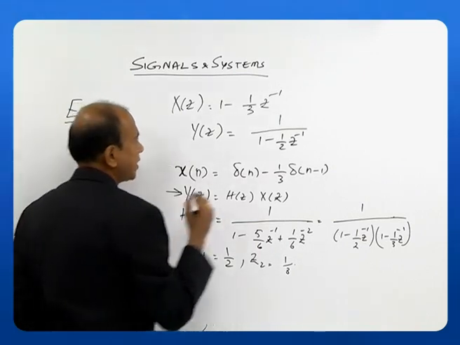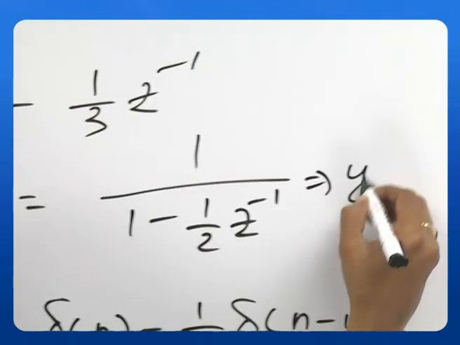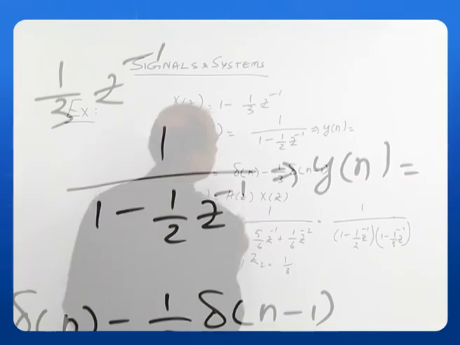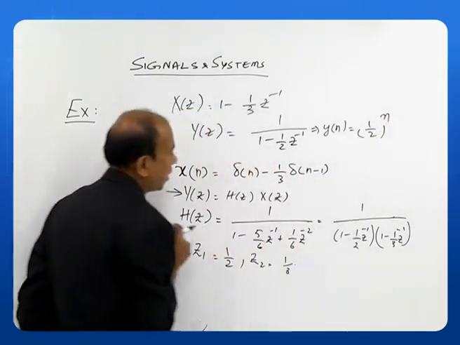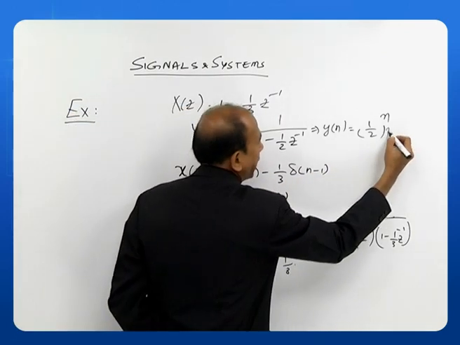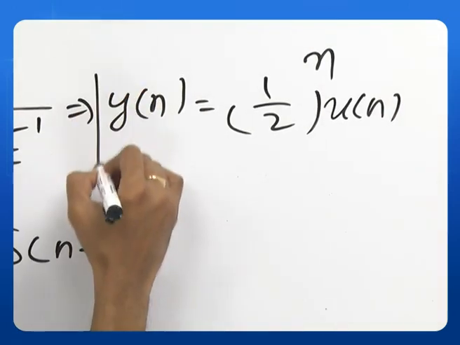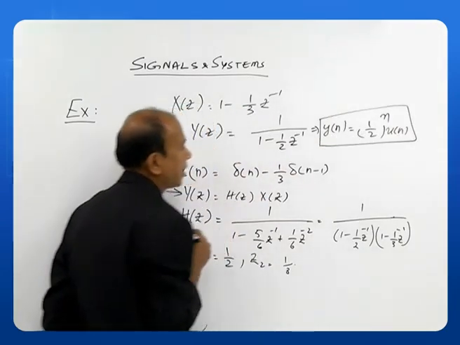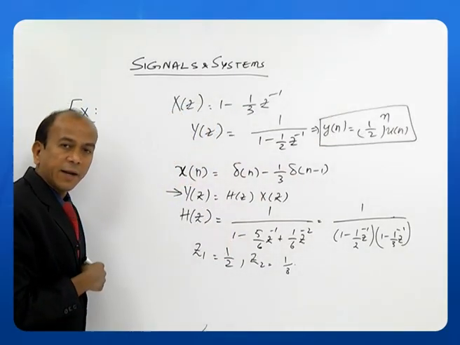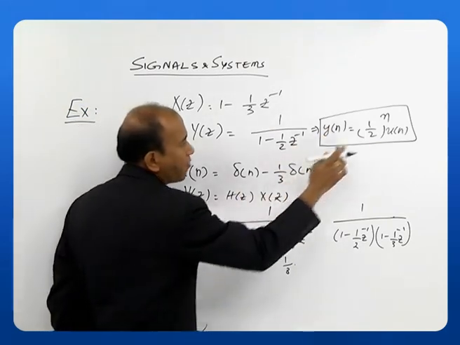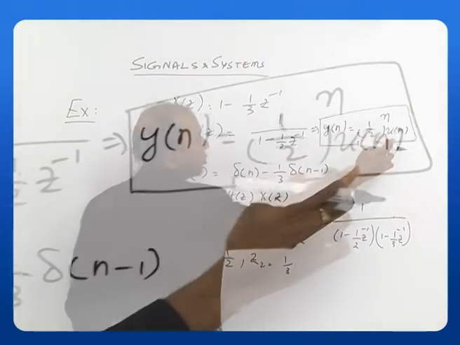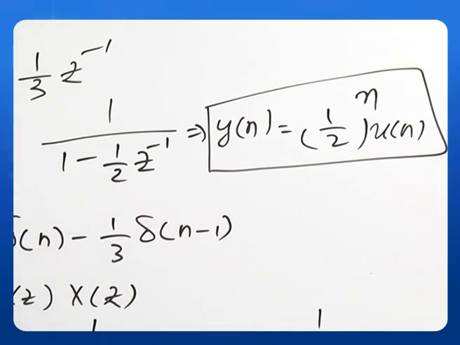Taking the inverse, I will get y of n equal to half to the power of n, u of n. So, this is my response in the time domain.